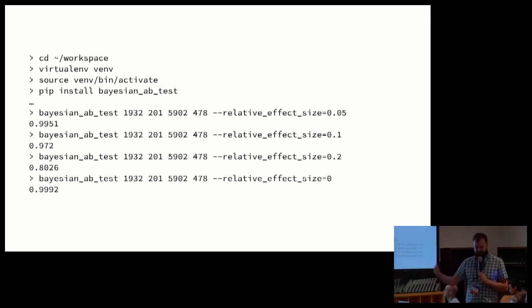It's just called Bayesian A/B test, so we can call it and get the doc string, and we can call it with the inputs and get all the right things. So this now is super helpful. We can either install it in a virtual environment and then go to that virtual environment when we want to use it, or we could install it on our whole system, and whenever we need to use it, we just type the line and put in the four numbers, and Sean has his answer real quickly. He can Slack me and I can Slack him right back. It'll be a matter of copy and paste.